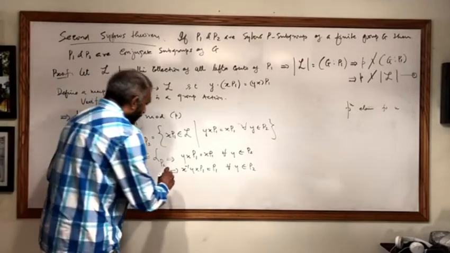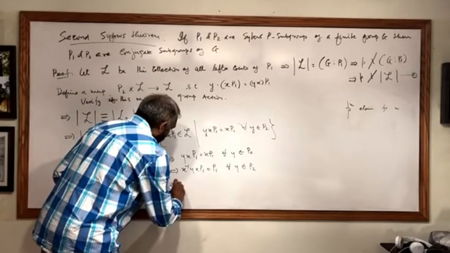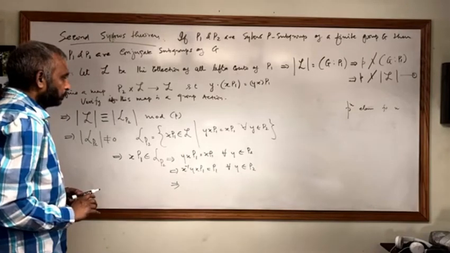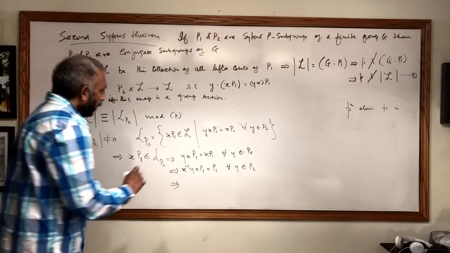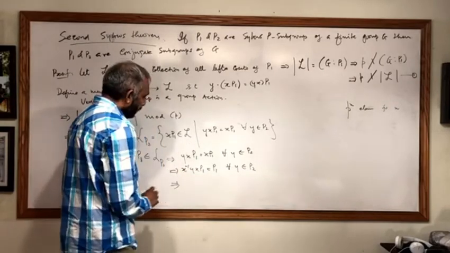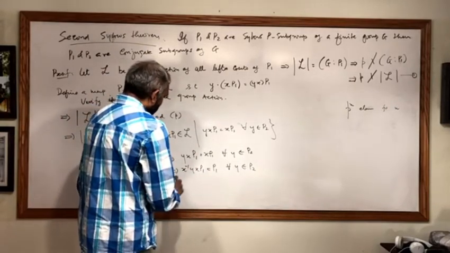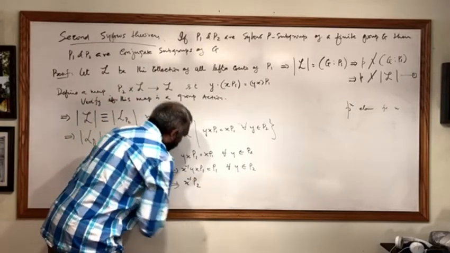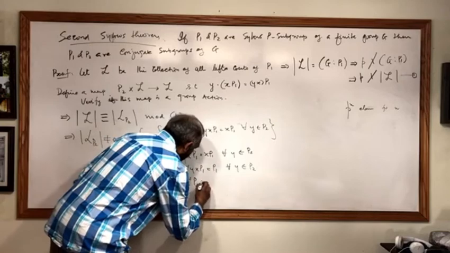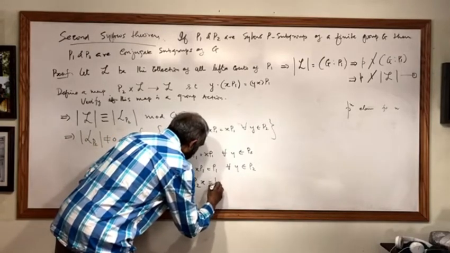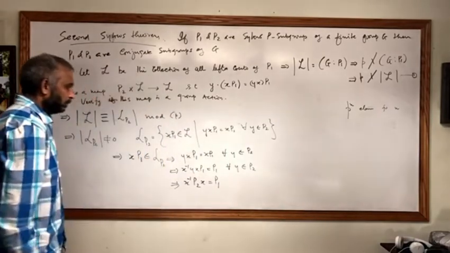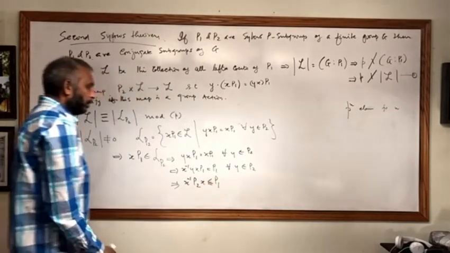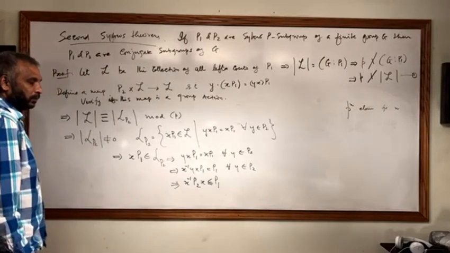So this implies x inverse P2 x is equal to P, or you can say, to be sure, less than or equal to P, or a subgroup of this.